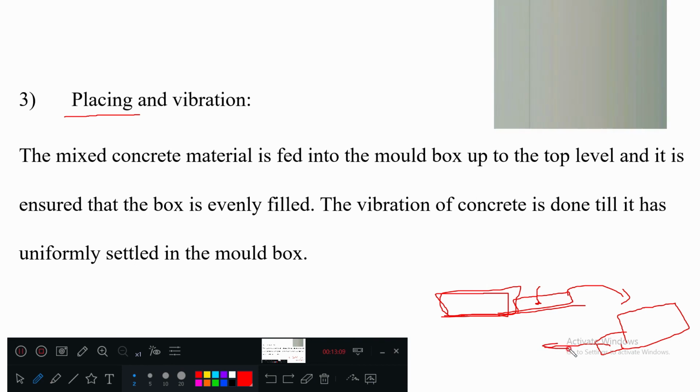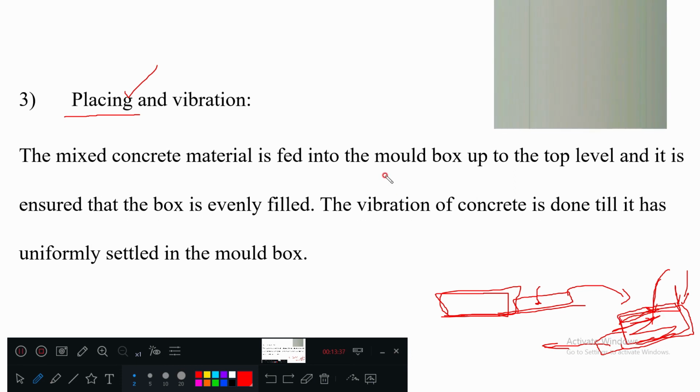Whatever may be the case, there will be molds. In that you need to do the placing of the concrete. Once you place that, you do compaction, or you vibrate this mold such that all the voids are removed and the block gets compacted.